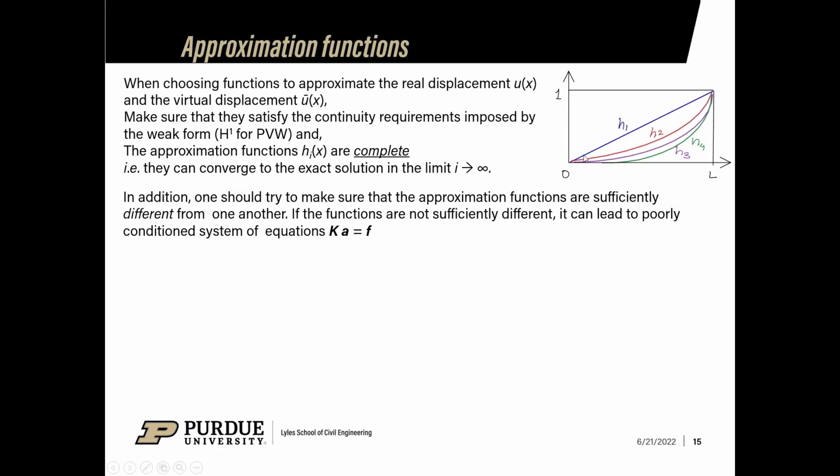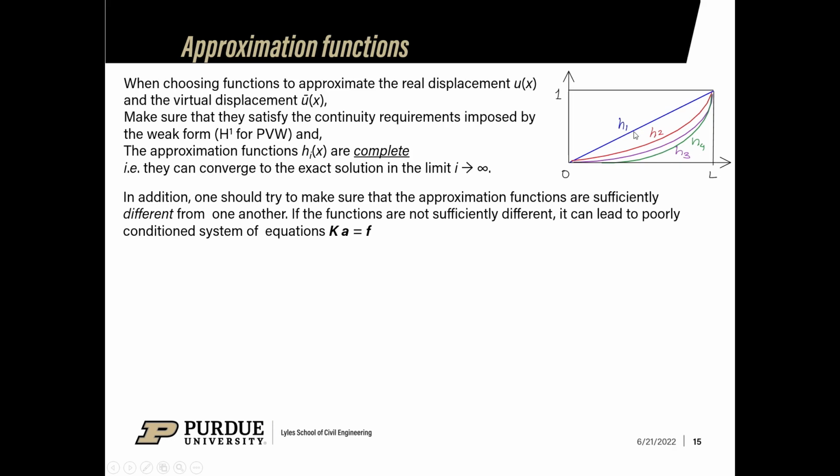One example of that completeness requirement is given by the polynomial functions. If we choose polynomial functions, a complete polynomial of up to fourth order will include all terms from h1 through h4.